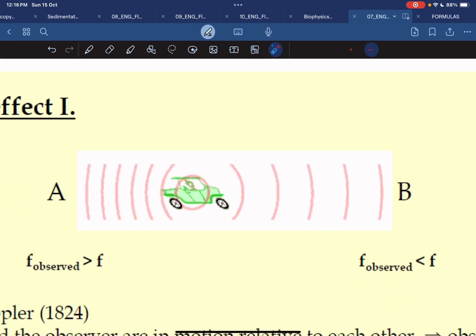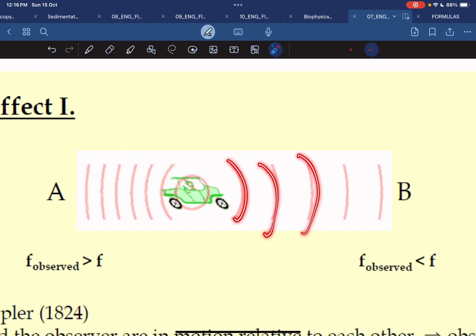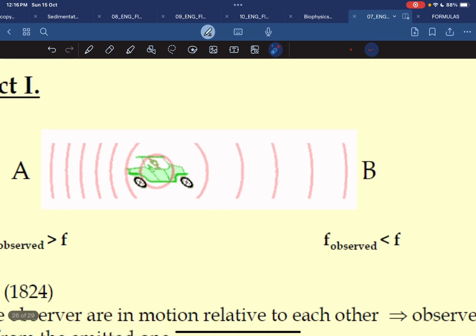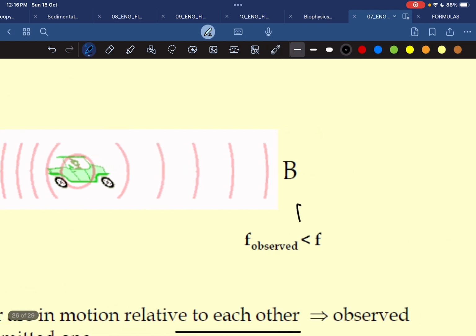So the object is moving this side, the car's moving there. You can see that the waves in the direction of the movement are bunched up together, but behind it is farther away. So basically the frequency, let's say a guy is staying here and a guy is here.